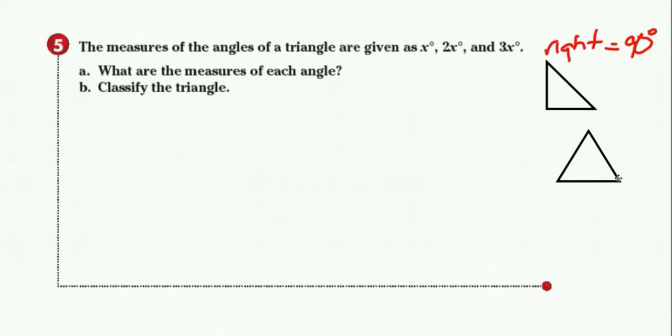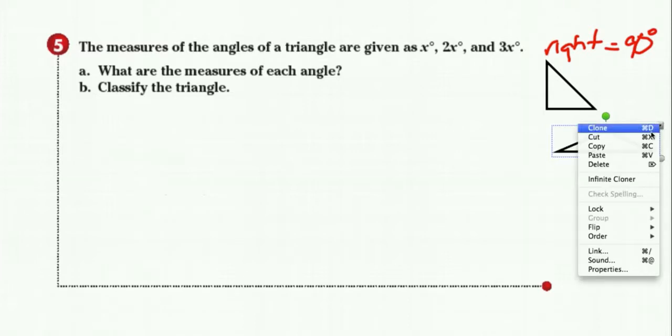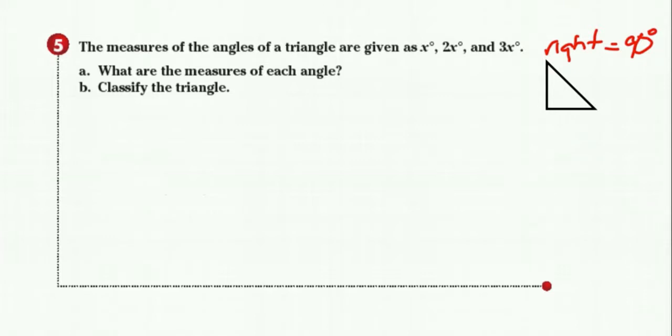So if you get this triangle and we make it obtuse, move the 90 degrees, so that's not going to work. Okay, let me draw a triangle for you then. So a triangle can be something like this, an obtuse triangle.